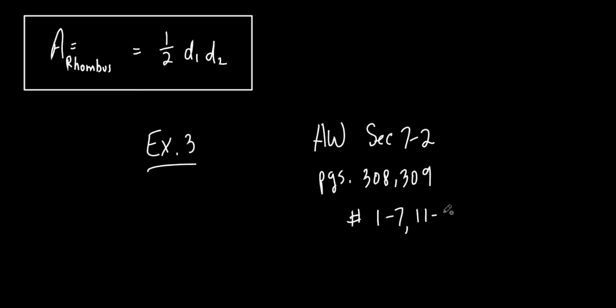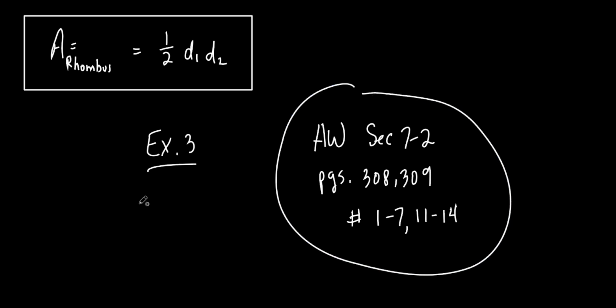And it's better for you, okay? All right, so I skip a few in between. So I skip 8, 9, and 10. All right, so 1 to 7, 11 to 14, that's your homework. But you got to watch the video from the other class and watch example 3, because you might see some of that on this homework. You should be able to do most of them, okay, without that example. But make sure you watch that before you do the homework. All right.